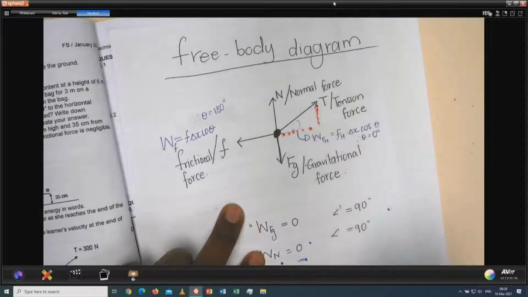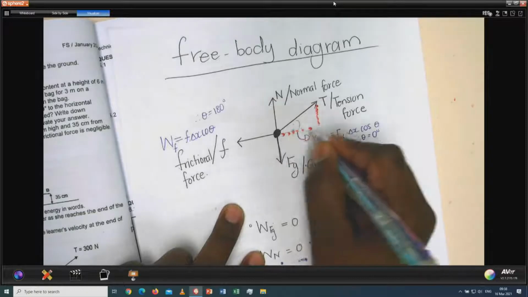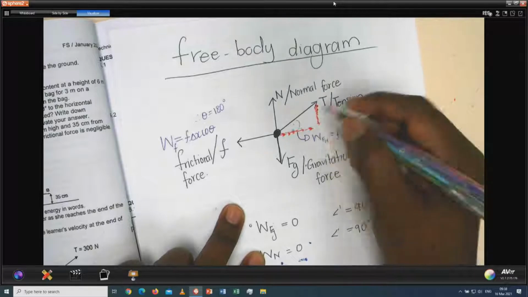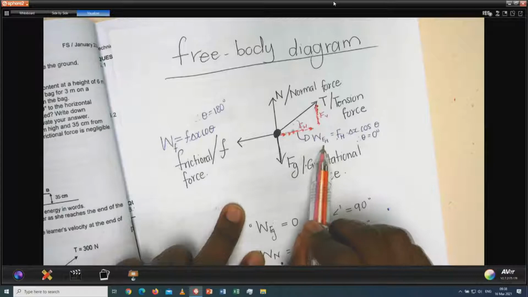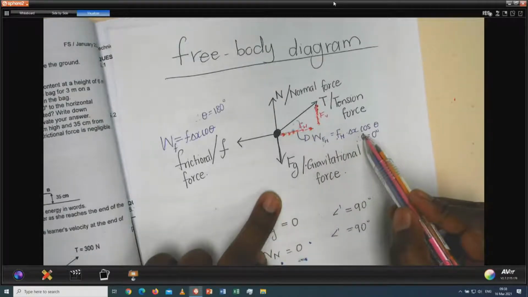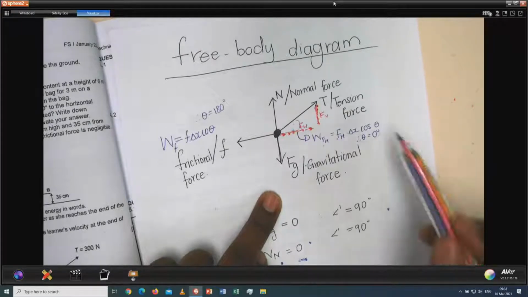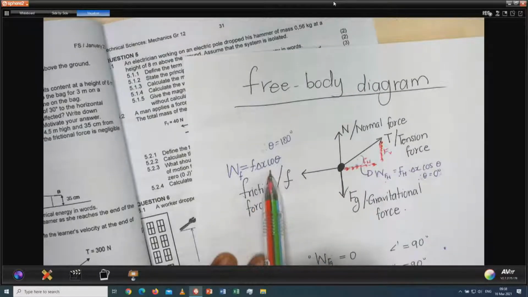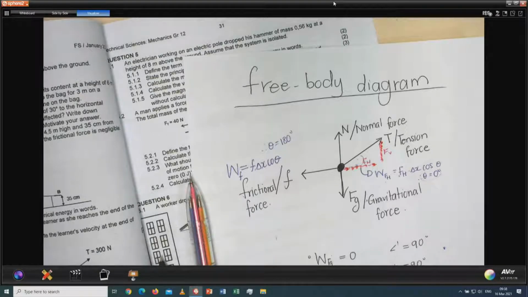I'm just using this to explain that as you are interpreting the question, you must note that there is a horizontal component and a vertical component, and for the work done by the horizontal component you will use this formula and note that it's in the same direction as the motion, therefore theta will be 0. And this one is anti-parallel, the force is anti-parallel to the motion, therefore theta will be 180 degrees.